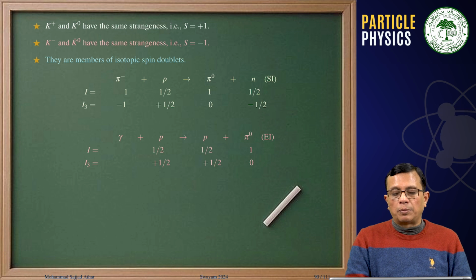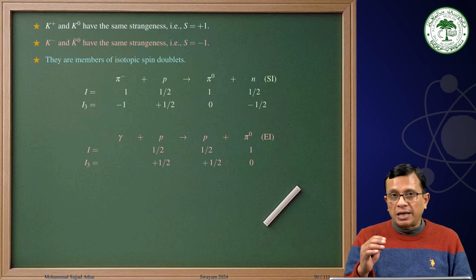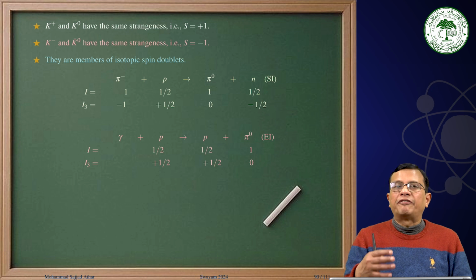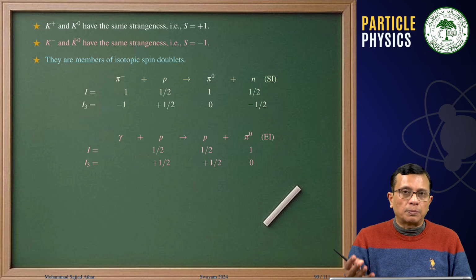And then we are talking about the projections, and we see that photon is there, and photon is the quanta of electromagnetic interaction. Therefore, this process, though it's conserving both I as well as I3, but if photon is there and you are conserving both, then that will be an electromagnetic interaction process.